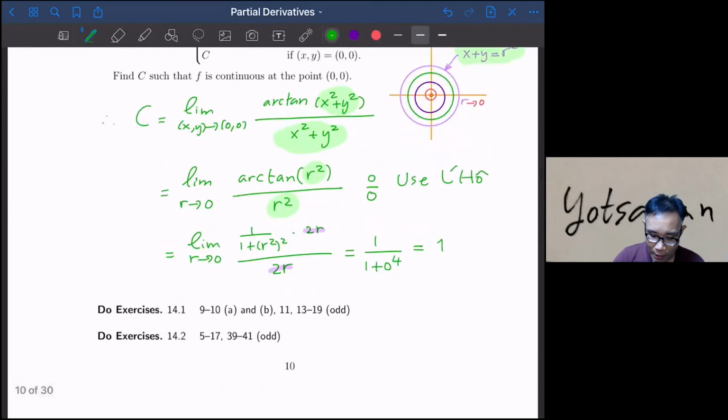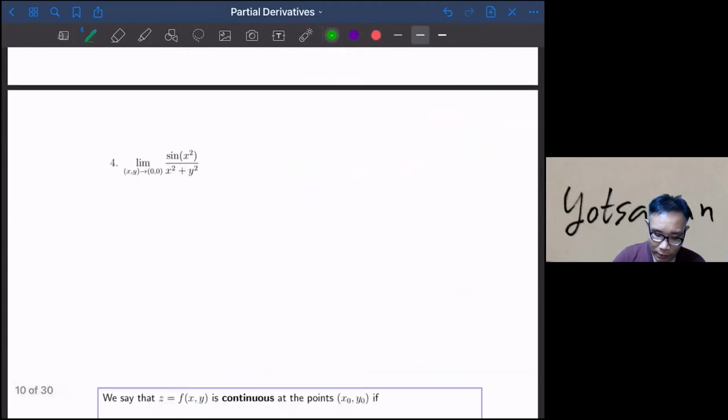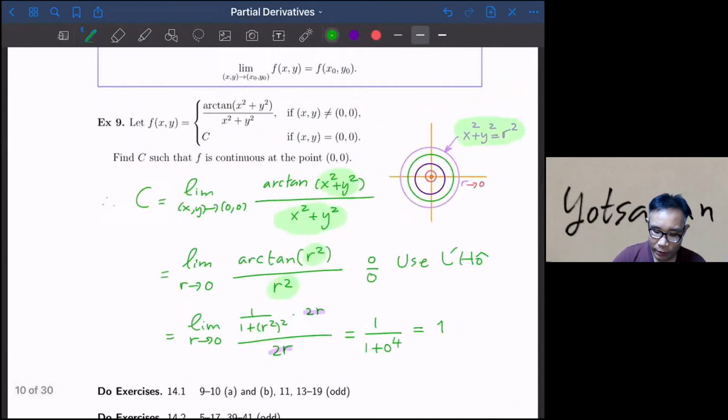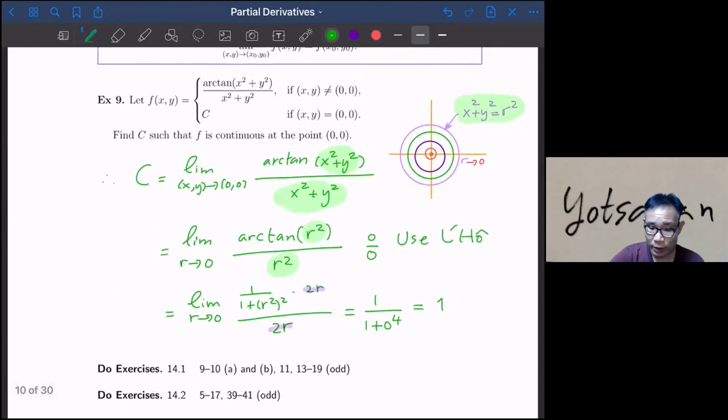So I will stop here for this clip. The thing that we are able to do right now is show that the limit of the function at (0,0) does not exist. That is the crucial thing for this clip.